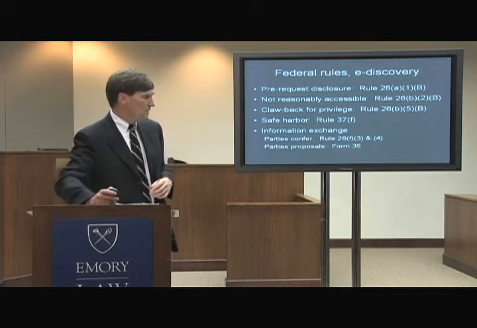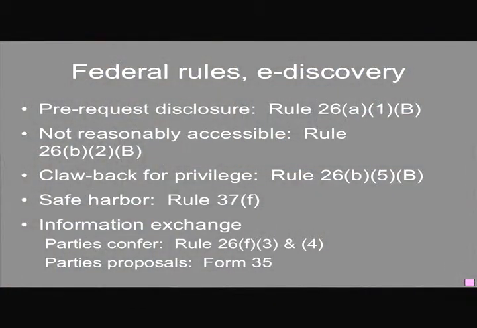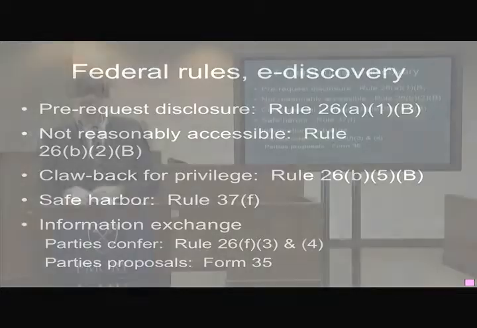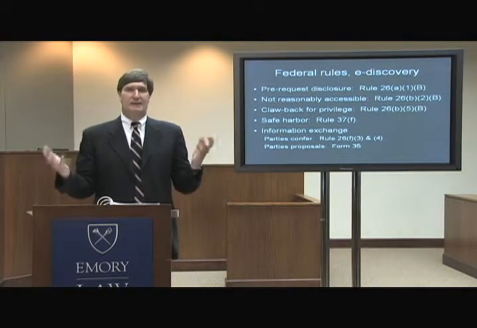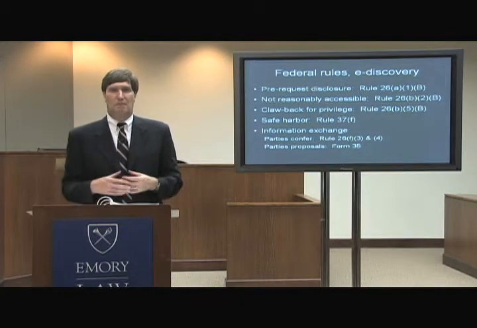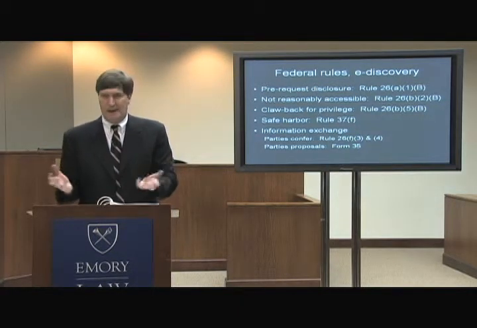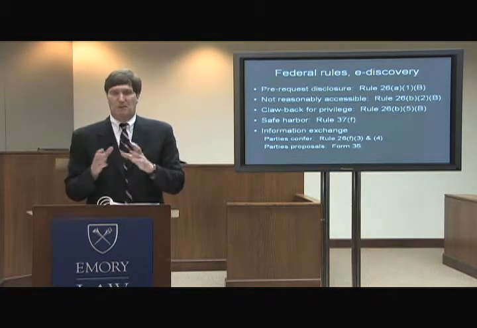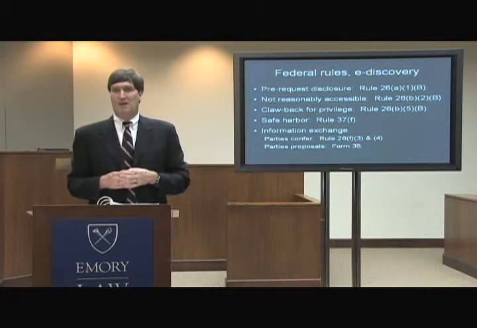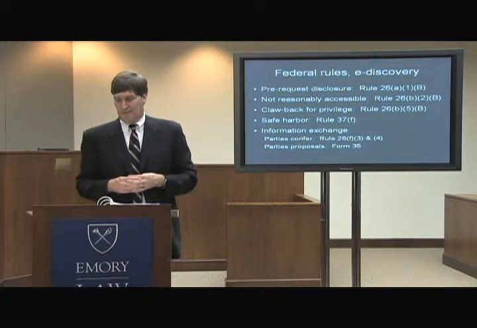Let me also say to you that there's a Form 35 which requires the description of the parties' proposals for handling e-discovery. And under that Form 35, it lays out a method, a joint protective order type of document that will allow you to protect and preserve, but still get at the information that each side has on this case.